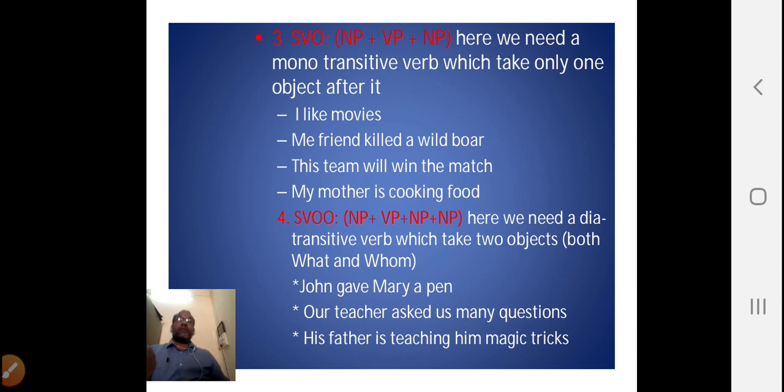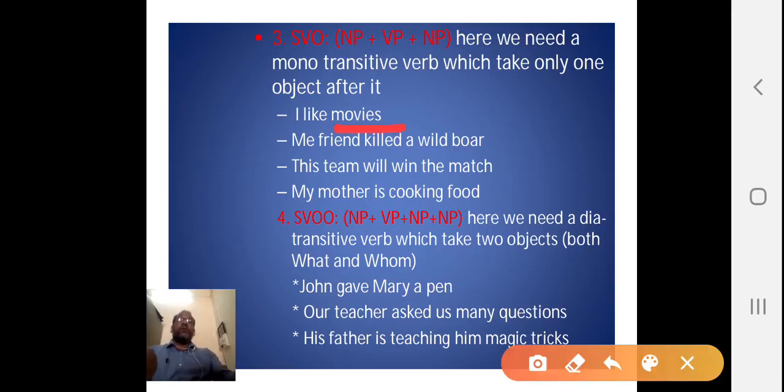If I ask the question, what do I like? The answer is movies, so that is an object. Another, my friend killed a wild boar. What did my friend kill? Answer is a wild boar, so that is an object.